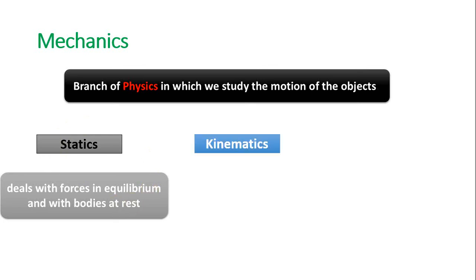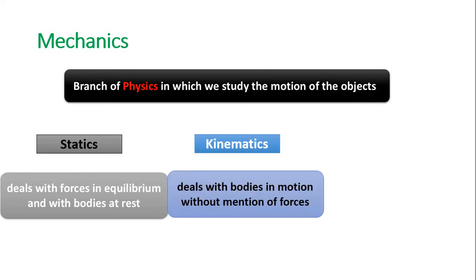For example, kinematics. In kinematics, we deal with the motion of objects, but without mentioning the cause of the motion, that is forces. It is an important aspect of motion, where we can understand and analyze the motion without even considering its cause, that is forces.